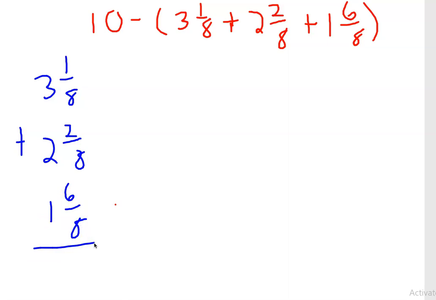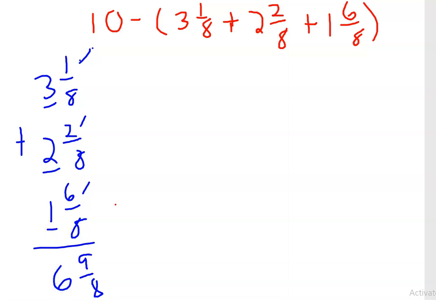I already have them in eighths. So 1 plus 2 plus 6. 1 plus 2 is 3, so we have 9/8. Then add my whole numbers. 3 plus 2 plus 1: 3 and 2 is 5, plus 1 is 6. So 6 9/8.